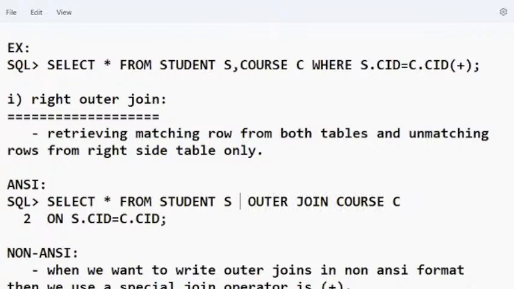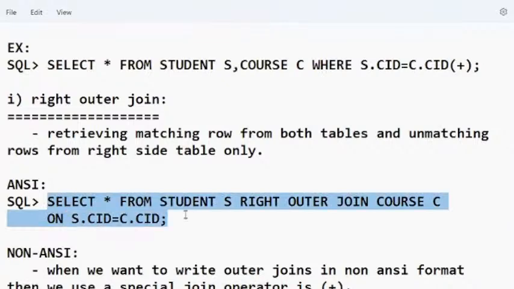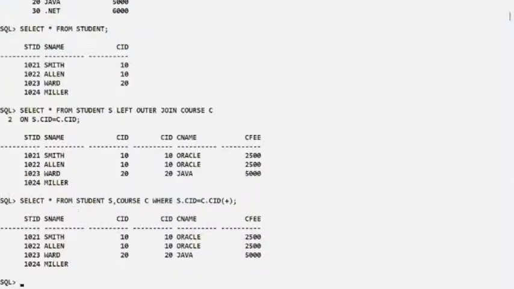Now we can see when I'm using right outer join how it works. In my query, my right side table is course. That means the unmatching data comes from the course table, and matching data comes from both tables.